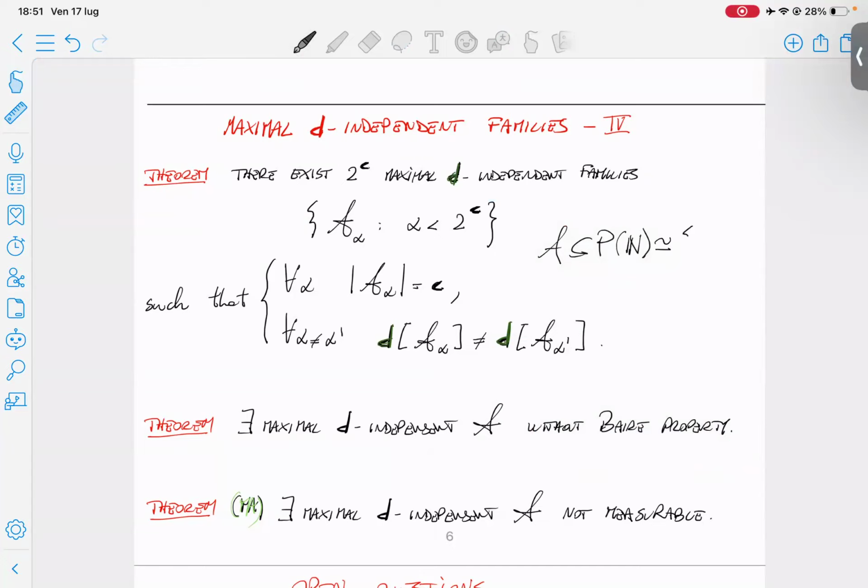So we identify the power set of the naturals with 0,1 to the power of N, which is the Cantor space. So our family A is a subset of the Cantor space, so it has a topology, it has its complexity. And we can speak about measurability, about the Baire property, being analytic, whatever we like.